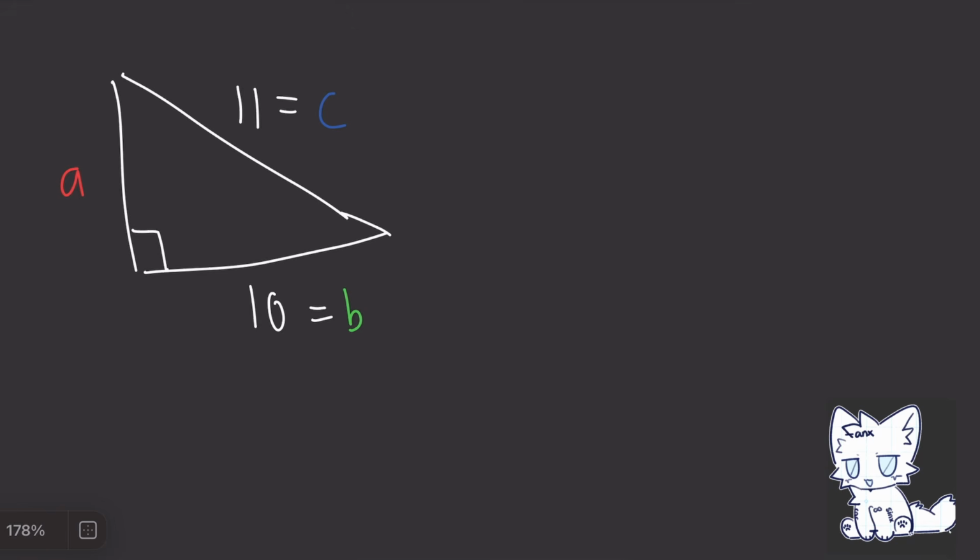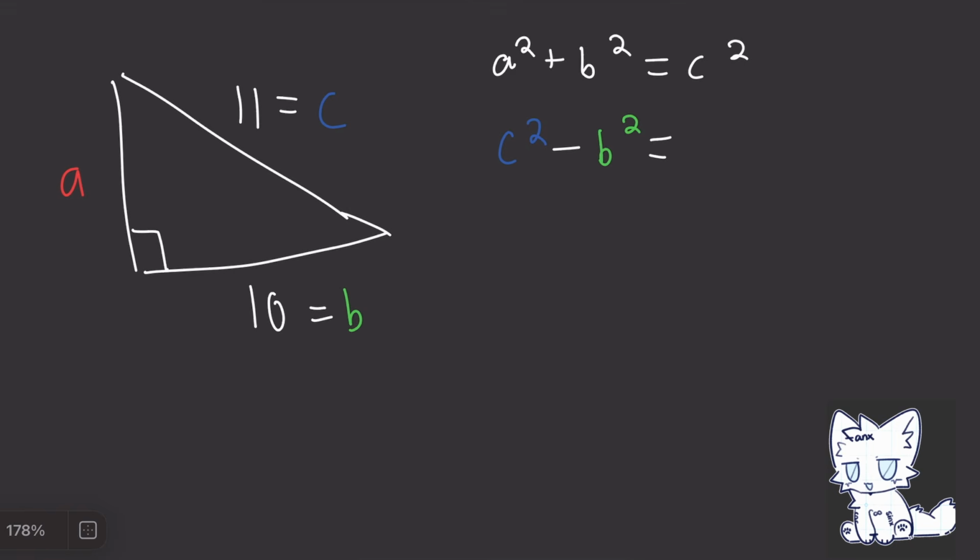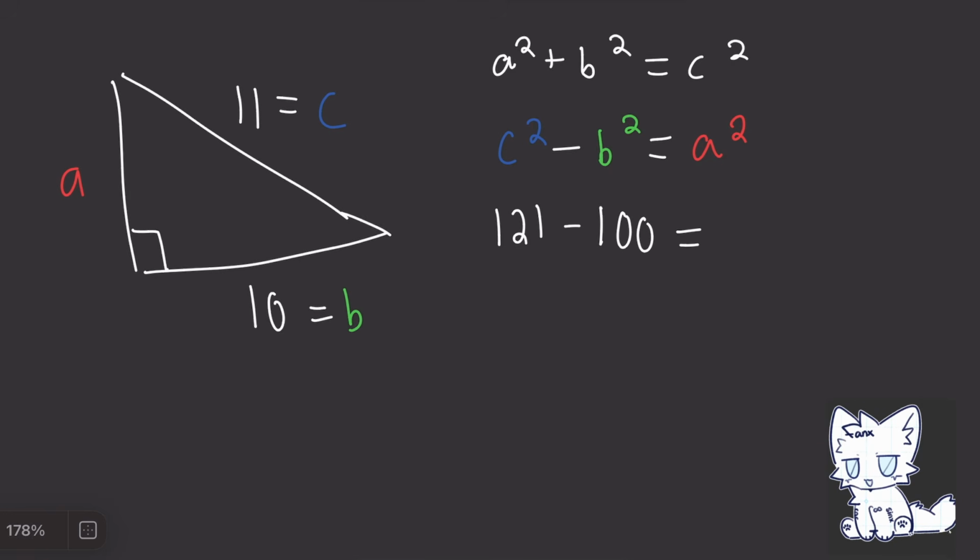All right, so let's plug these values into the formula again. a squared plus b squared equal to c squared. We want to find a, so c squared minus b squared is equal to a squared. 11 squared is 121 minus 100, because b squared is 100, and that is equal to a squared, which is 21.